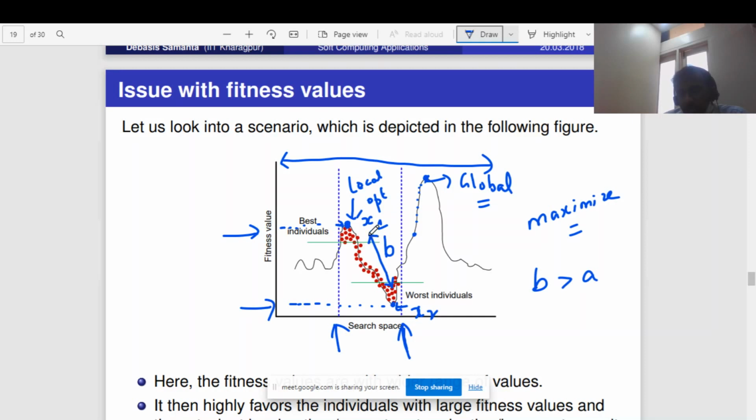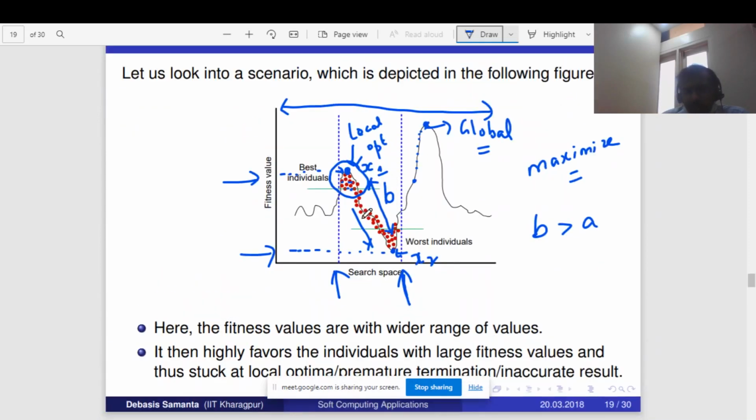The algorithm will most of the time select individuals from this range, because it has to select from good individuals. It will ignore the bottom part. So it will always select individuals from this region only, and with them it will create offspring, and those offspring will also lie in this region only. This is the drawback with this problem.